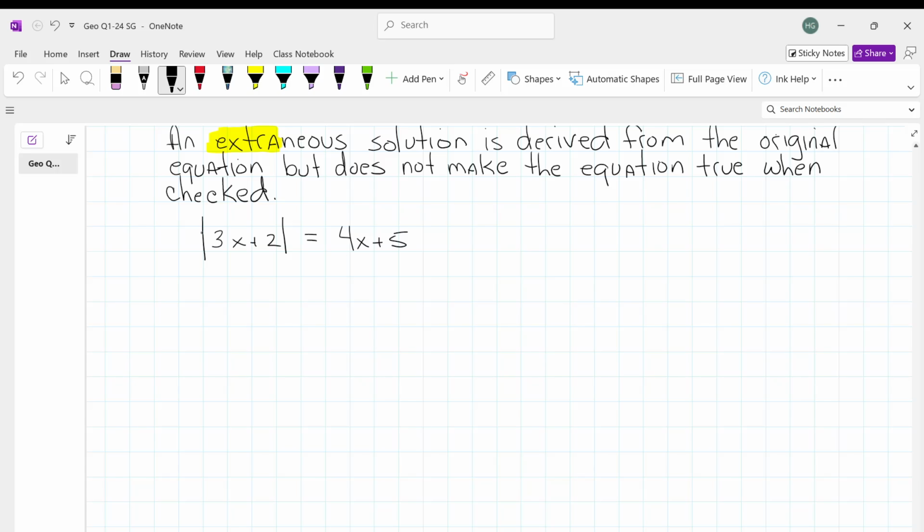So we've got the absolute value symbol on the left by itself. We talked about that the other day. The next step was to rewrite the equation twice, dropping the absolute value symbol. But be careful because there's more on the right side than just a whole number. So we're going to write 3x plus 2 is equal to 4x plus 5.